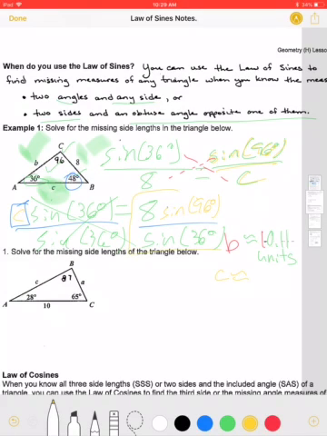And if we take this into our calculator, being careful to use parentheses and divide accordingly, this should give C as approximately 13.54 units. So lo and behold, we solved for our missing side lengths. Simple enough.